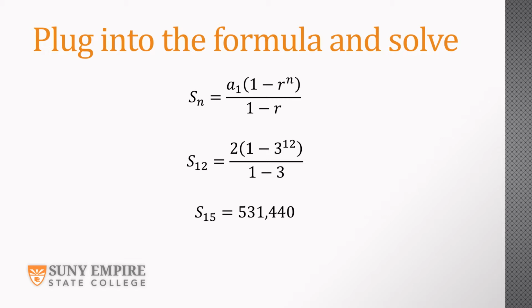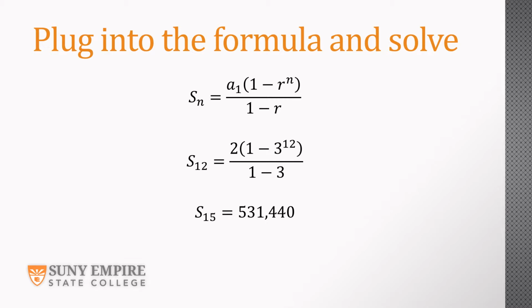Now we can plug into the formula and solve. We have s sub 12 equal to 2 multiplied by the quantity 1 minus 3 raised to the 12th power divided by the quantity 1 minus 3.